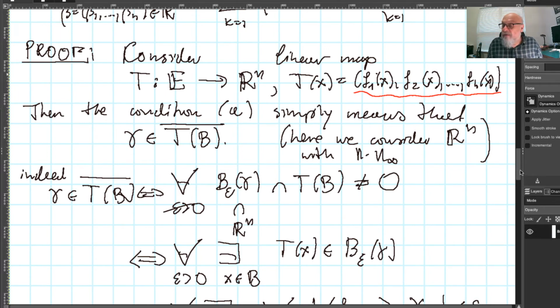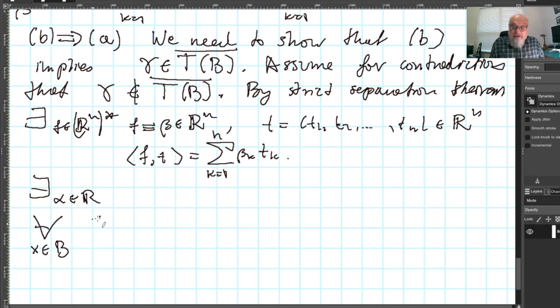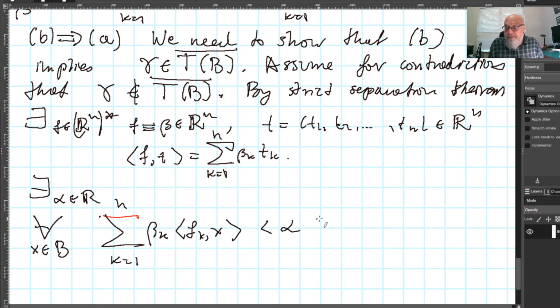Okay. So if I apply it now, I'm getting here sigma k equal 1 to n, this is beta k, and then we write beta k fk applied to x smaller than alpha, and that one is smaller than the sum k equal 1 to n of beta k gamma k. Very good.